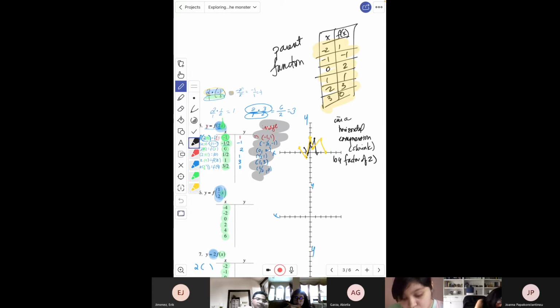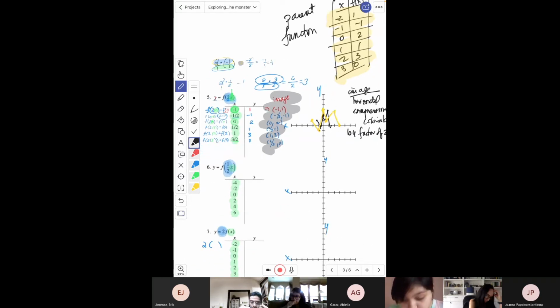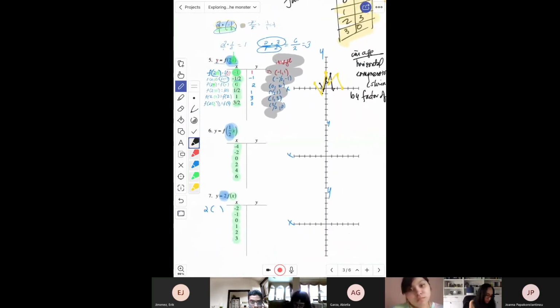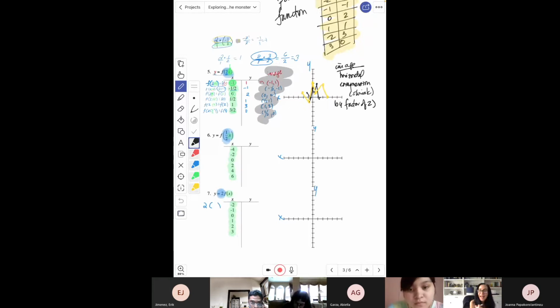So if multiplying the x by 2 gives you a horizontal compression, what do you think multiplying the x by 1/2 is going to do to the parent to get the image? It's going to stretch it? Yes. This will be a horizontal stretch by a factor of 1/2.